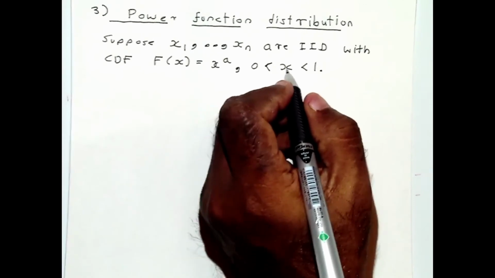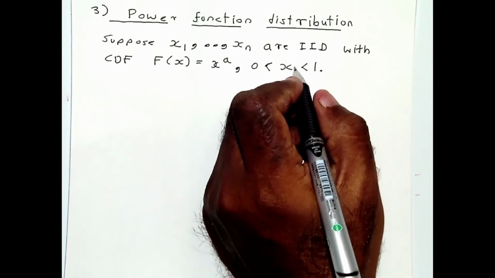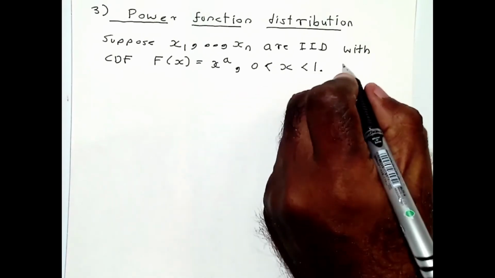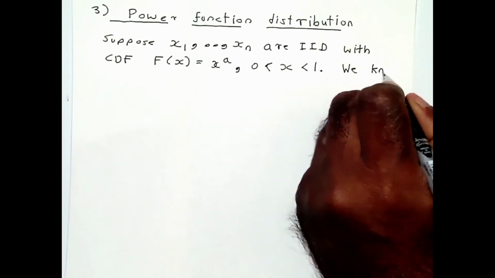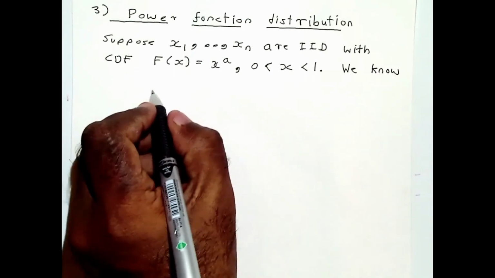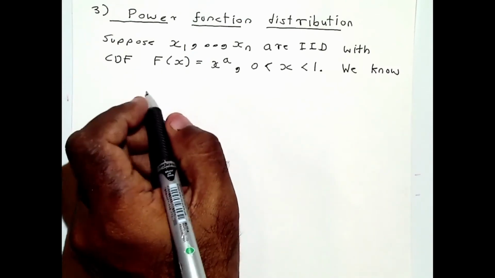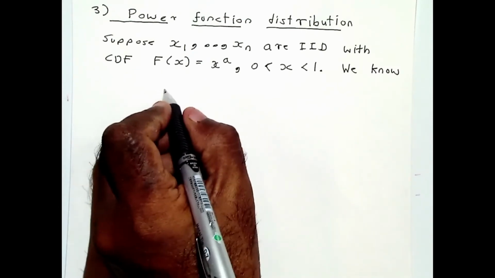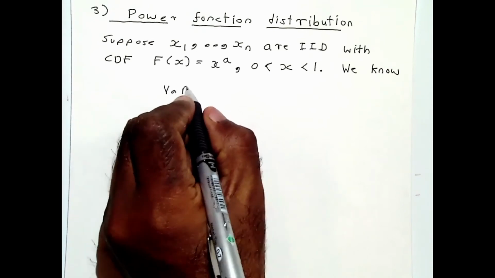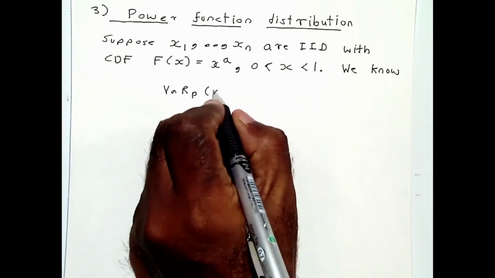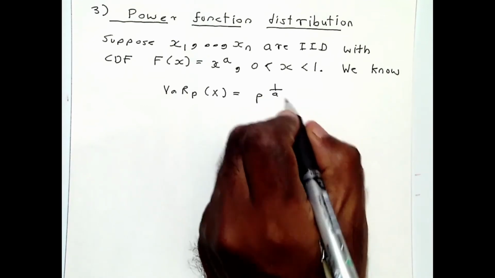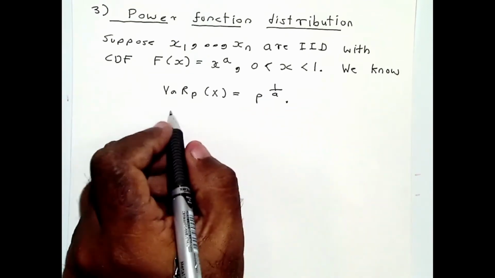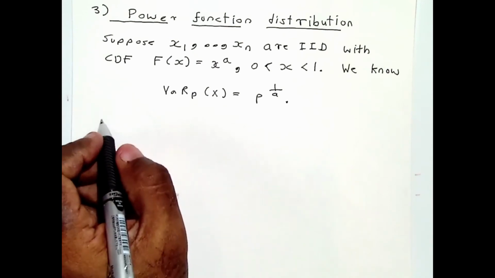Now, if you look at the video for the parametric estimation of VAR, you will see that the expression for VAR is equal to P to the power 1 over A. Right? I derived this in that video.